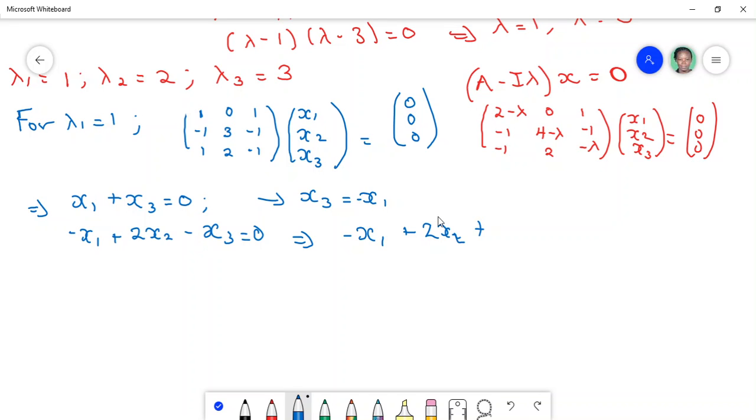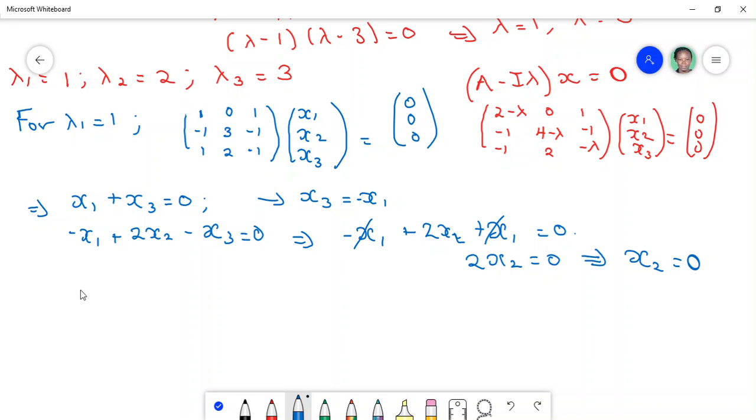Then substituting, minus x1 plus 2x2 plus x1, because x3 is equal to minus x1, is equal to 0. So you realize that this cancels that, so I have 2x2 to be equal to 0, and this implies that my x2 is equal to 0.